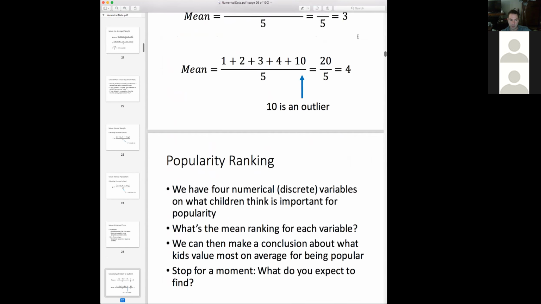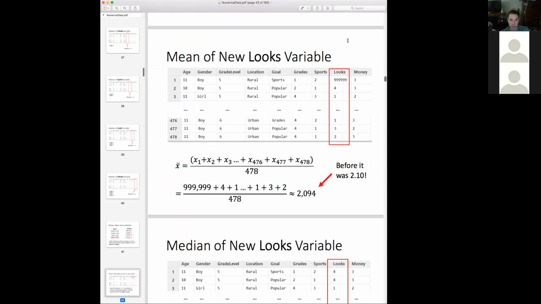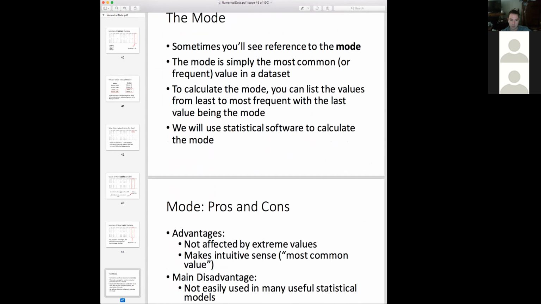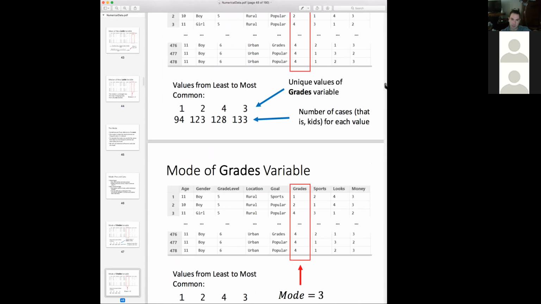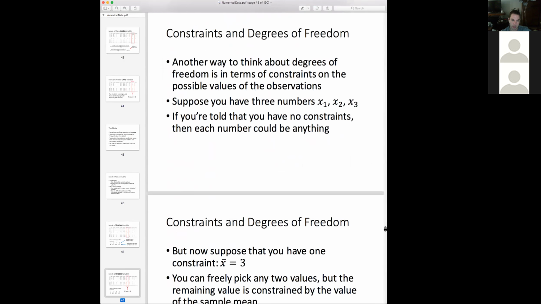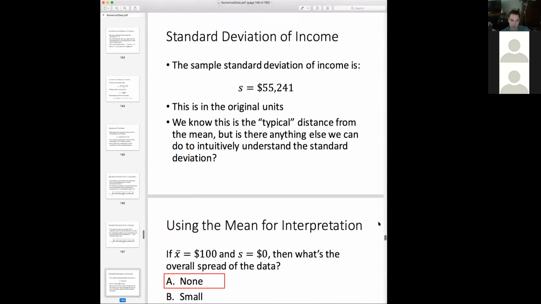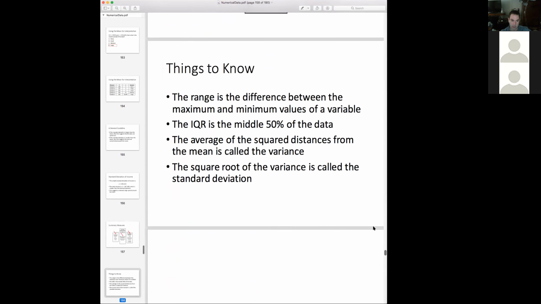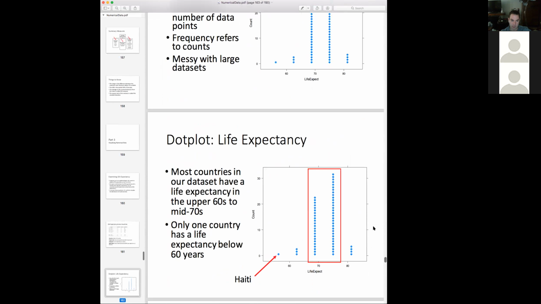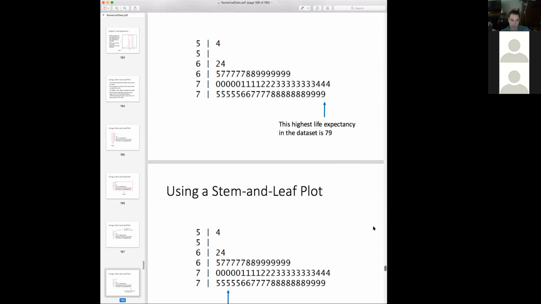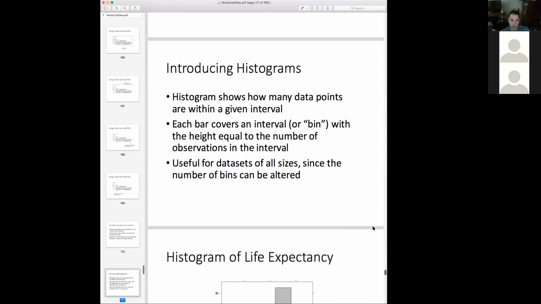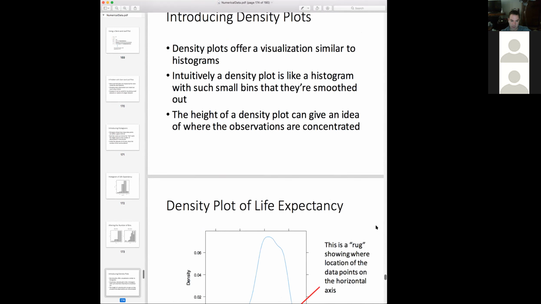We also learned how to represent spread within the data using the range, the interquartile range, the variance, and the standard deviation. And finally, to wrap it all up, we learned how to represent our data visually with different plots. We learned about the dot plot, the stem and leaf plot, and the histogram. So that was what was covered in this lecture.